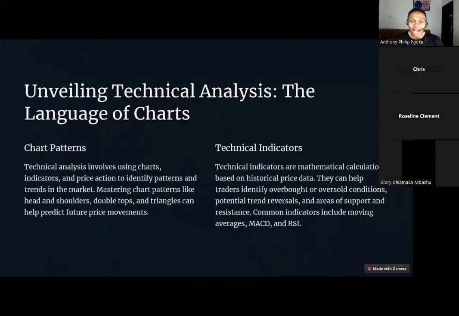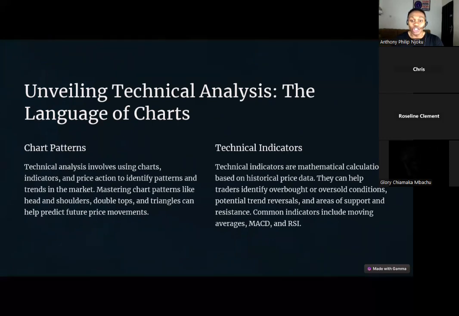Then about technical indicators. Technical indicators are mathematical calculations based on historical price data. They can help traders identify overbought or oversold conditions, potential trend reversals, and areas of support and resistance.